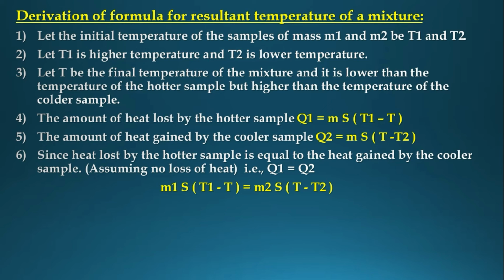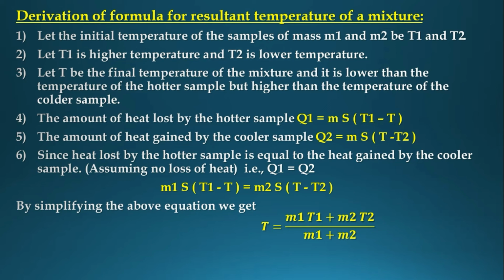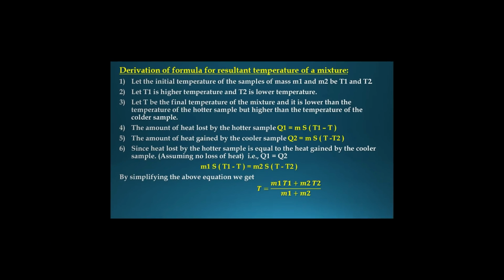M1 s into (T1 minus T) is equal to M2 s into (T minus T2). By simplifying the above equation, we get T is equal to (M1 T1 plus M2 T2) by (M1 plus M2). This is the formula for the resultant temperature of a mixture.